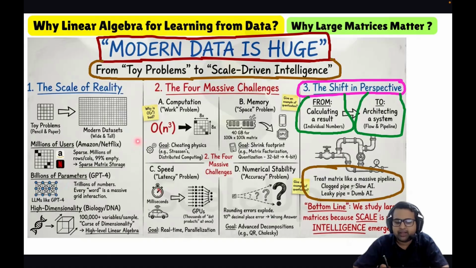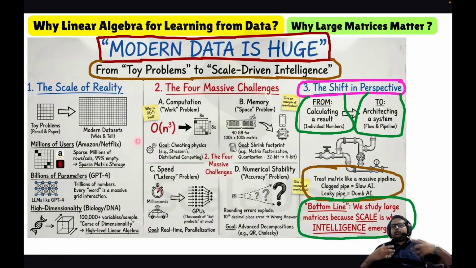So the bottom line is we don't study large matrices because we like big numbers. We study large matrices because scale is where intelligence emerges. Modern data is huge and we have to go for large matrices.